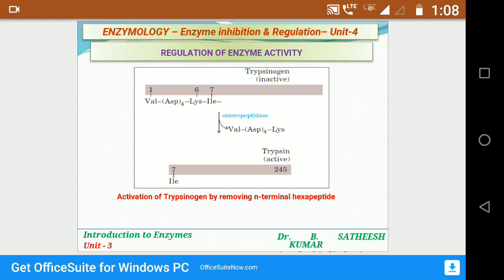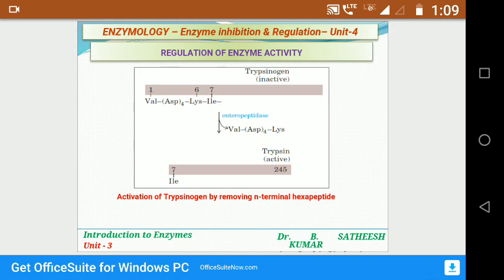So instead of enteropeptidase, the trypsin itself acts on the trypsinogen to make it active. This is called autocatalysis. By autocatalysis, it removes its own hexapeptide. One active trypsin molecule can remove the hexapeptide from inactive trypsinogen.